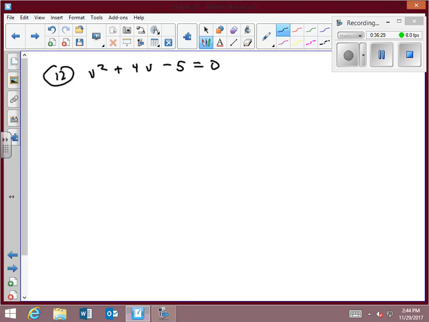So is 0 by itself? Yep. Descending order, leading term positive, common factor, no common factor. It's a what? Binomial, trinomial. Trinomial is the special case. That -5 on the back end says you can't have a special case, because that would have to be positive.